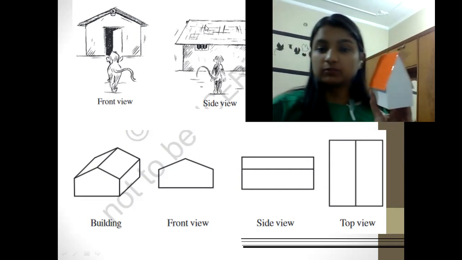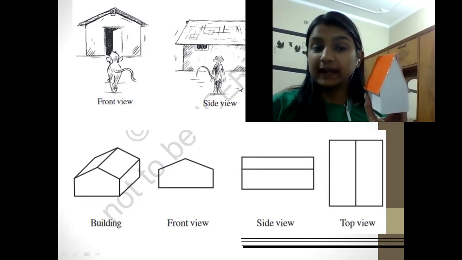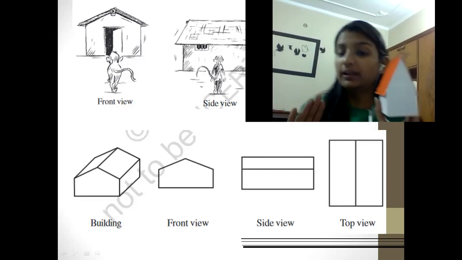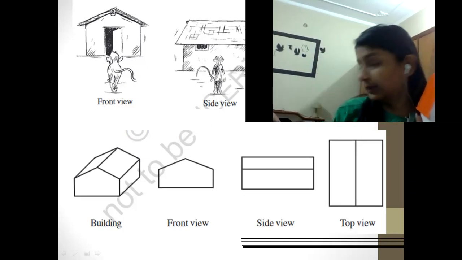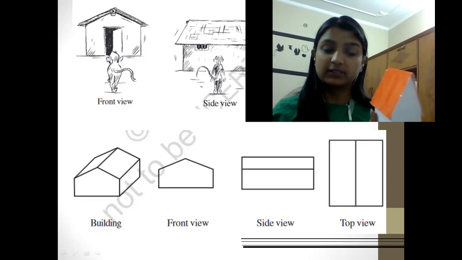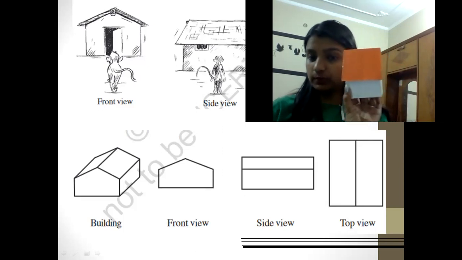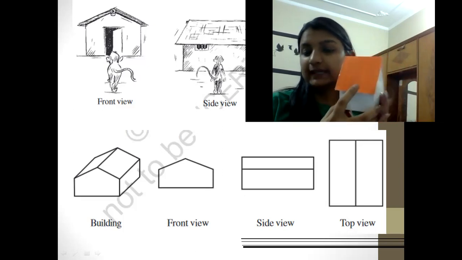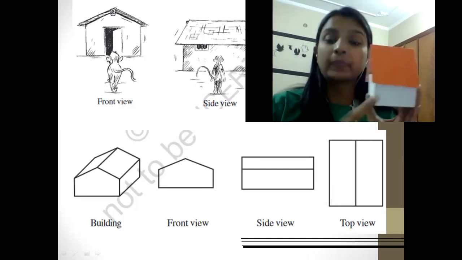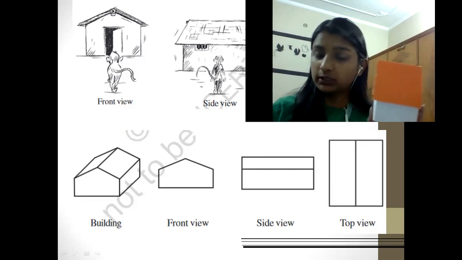Now in the second image, what you can observe is a side view. Like I told you, if somebody is standing beside me on the right hand side or left hand side, what would be their view? This would be their view. So we can say it is a side view. After that, what about the third image?